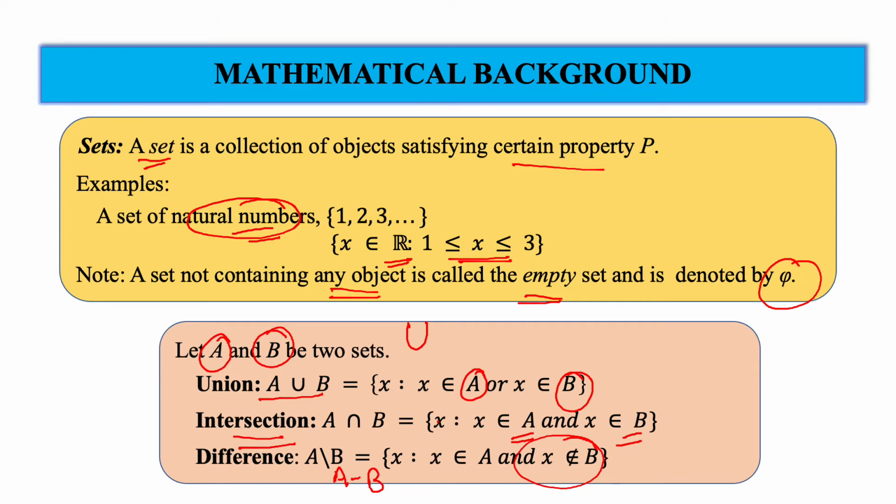So if you collect all such elements of A which do not belong to B, that will give you the difference between A and B.